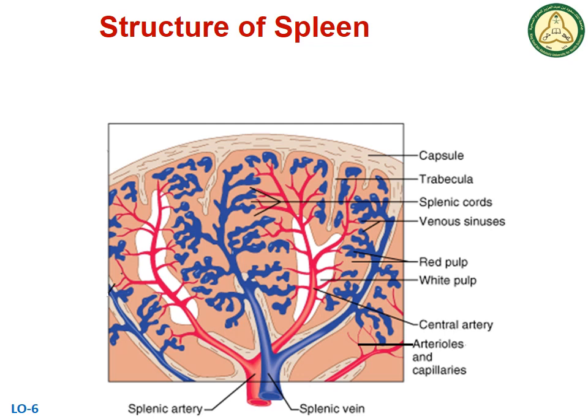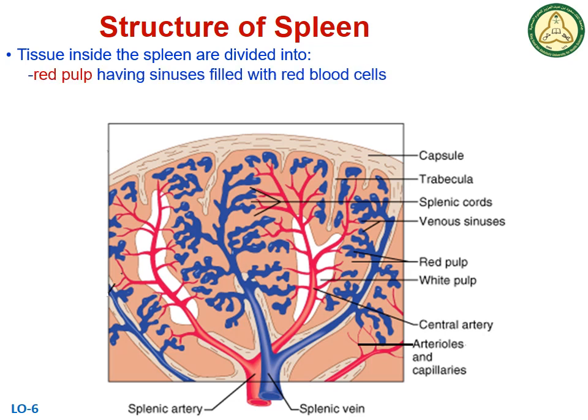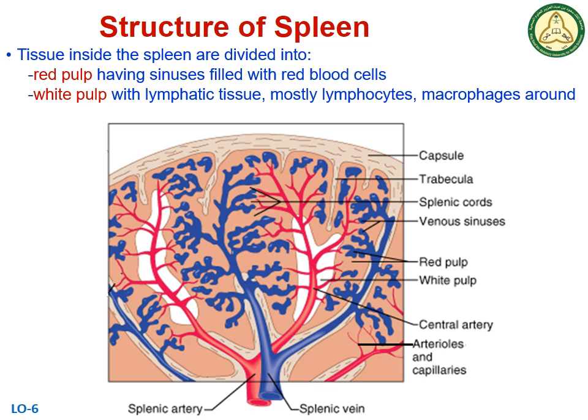Red because RBCs are there, white because WBCs are there. The tissue inside the spleen is divided into a red pulp having sinuses filled with red blood cells. Sinuses means cavities, so these are the sinuses here. The veins ultimately drain into the sinuses, so all this blue color is the venous sinuses that contain the red blood cells.